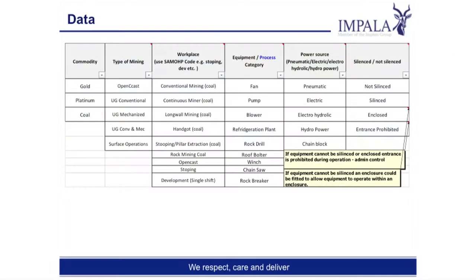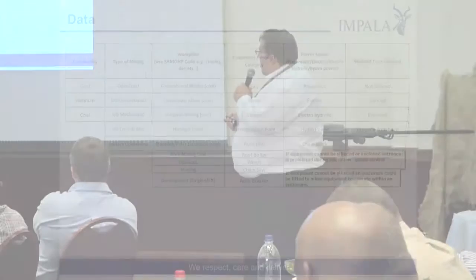Then the data. The template that was sent out had some criteria in there, and an example as well, to say this is an example of how you can fill it in. Right at the top, there was a comment put in. If you open up the comment, it will give you a little bit more explanation.